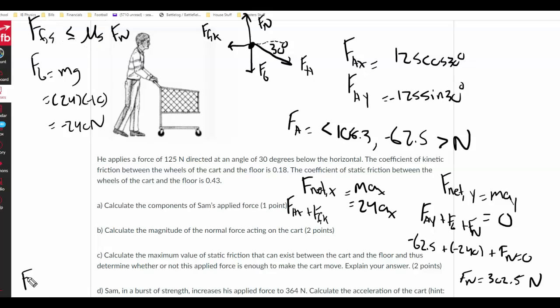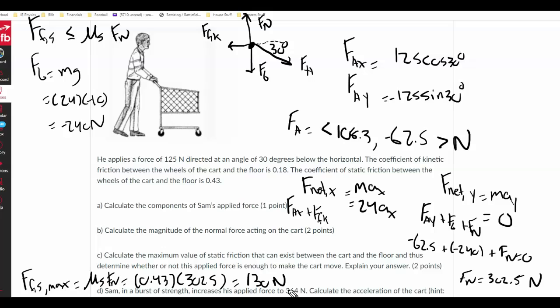So F_fs max is equal to μs times Fn, and μs here is 0.43, that's given in the question, and then Fn is 302.5. So you get 1 point for doing this calculation, 0.43 times 302.5, you get 130 newtons.